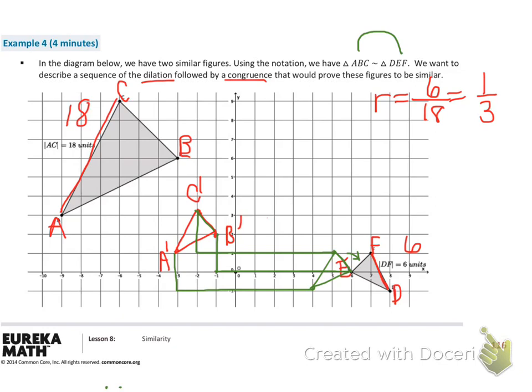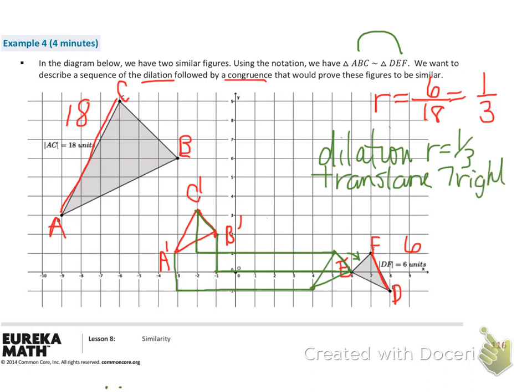So we have the dilation, and I'm abbreviating. I have a dilation with R equals 1/3. Then I had a translate, 7 to the right, 2 down.